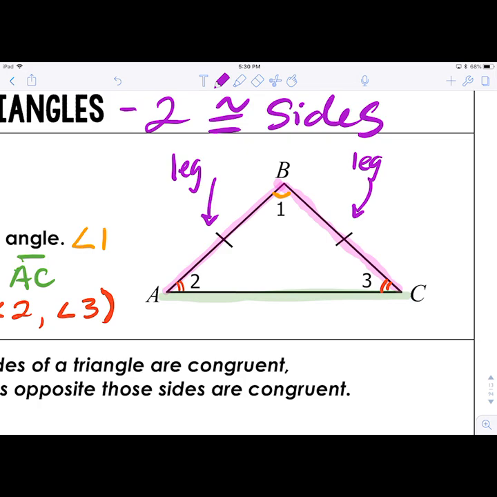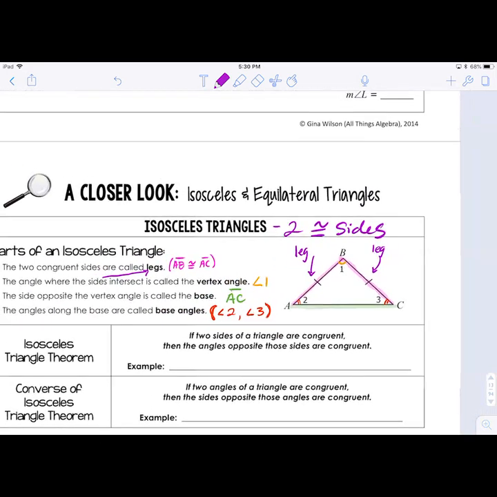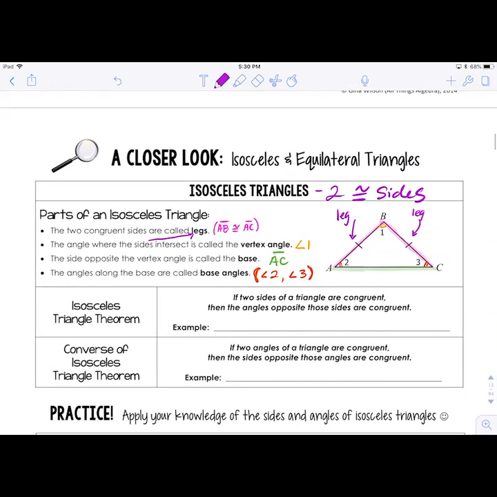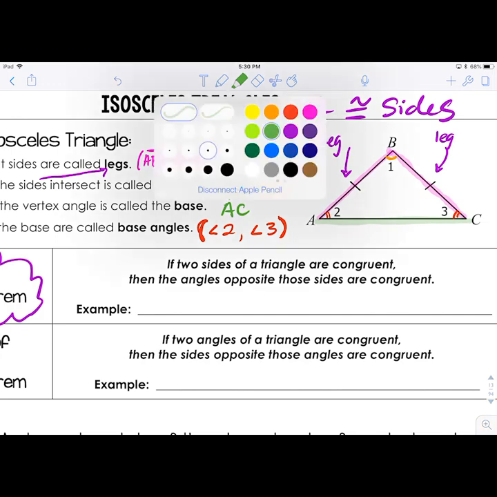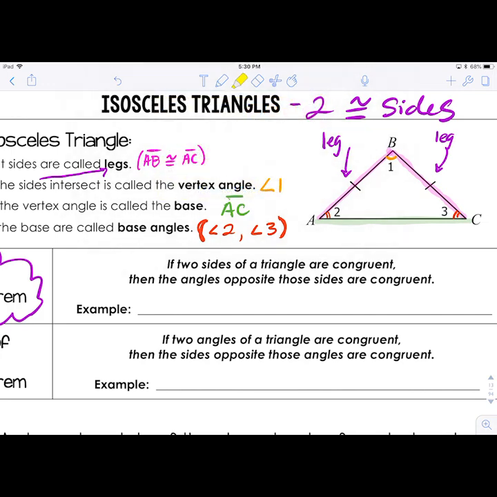And the reason why is because of this theorem right here, which is the isosceles triangle theorem. Which basically says, okay, so let me get two color highlighters so I can highlight the hypothesis and conclusion for you.